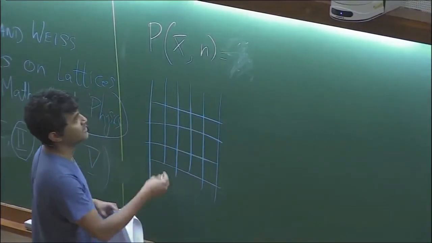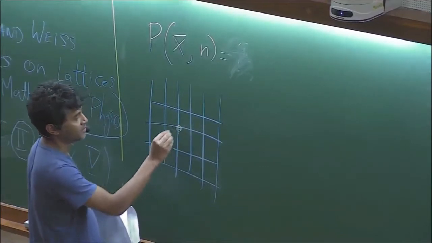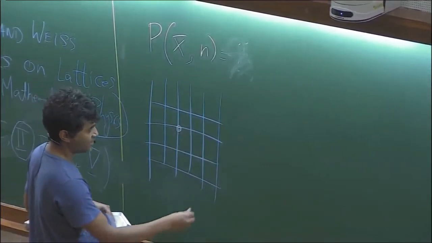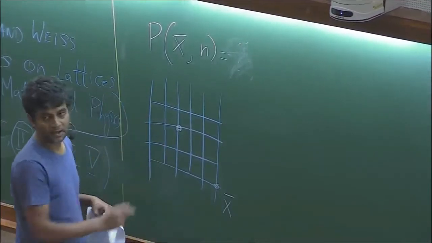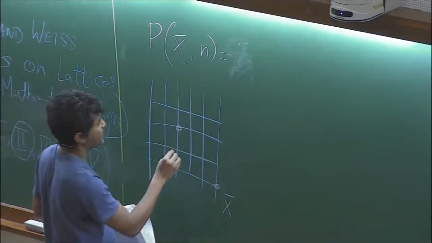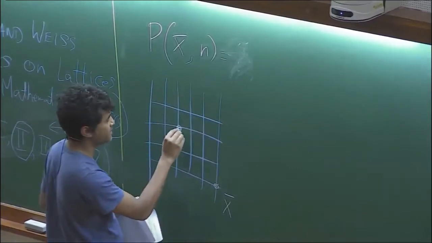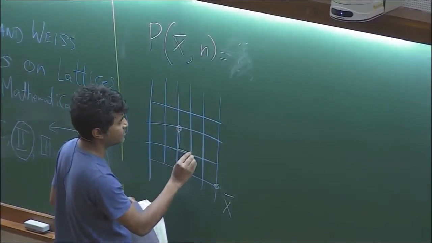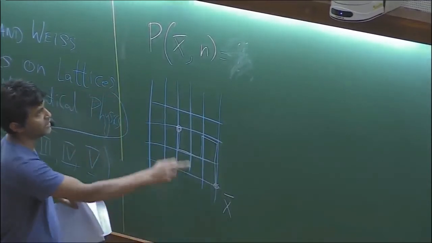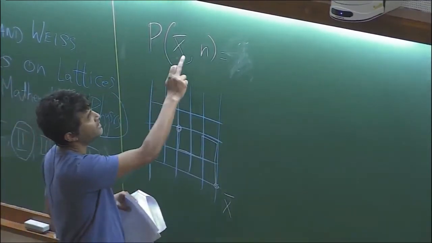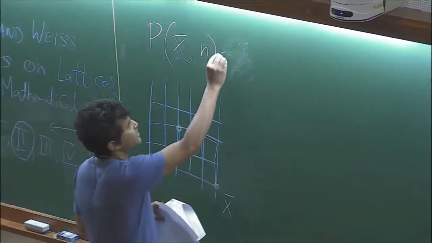There's some lattice in some arbitrary dimension, and you start from the origin. You take n steps, a given number of steps, and you ask what is the probability that after n steps you are at x bar. So, the probability of being at x after n steps. This is P of x.